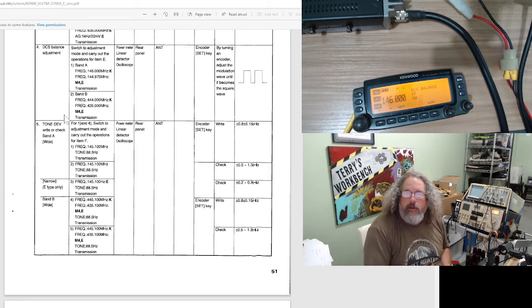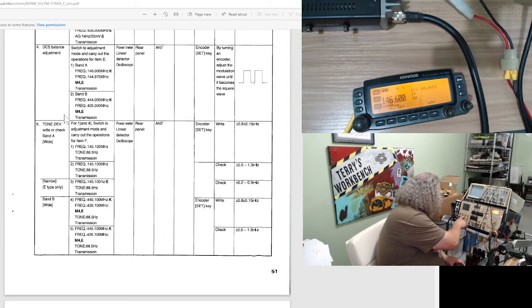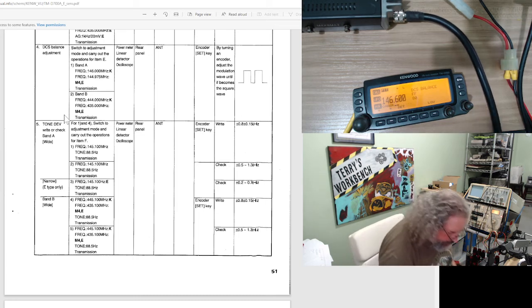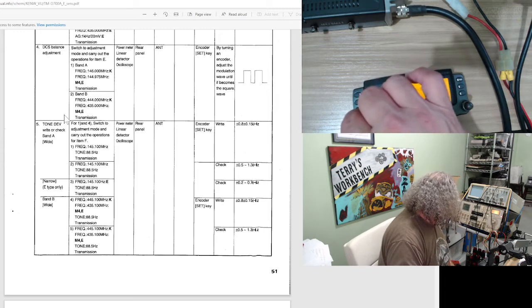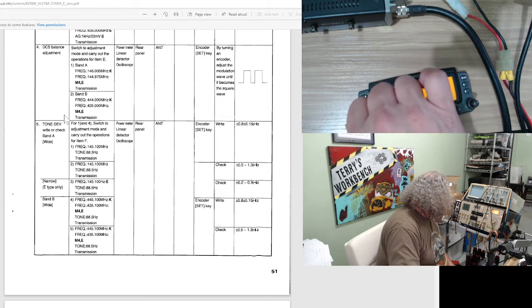So the way you're supposed to tune and encode or adjust the modulation wave until it becomes the square wave. Well, it is the square wave. Oh, okay.